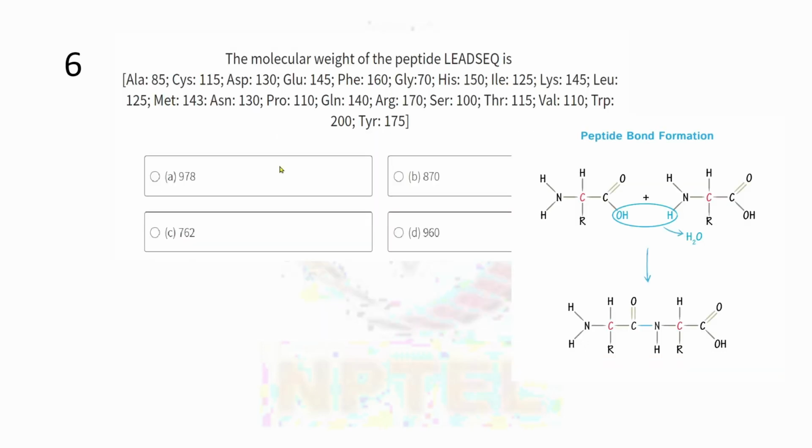When a peptide bond is formed, a water molecule is evaporated. So we need to subtract the number of times this water molecule has been removed. The molecular weight of water we have to subtract.